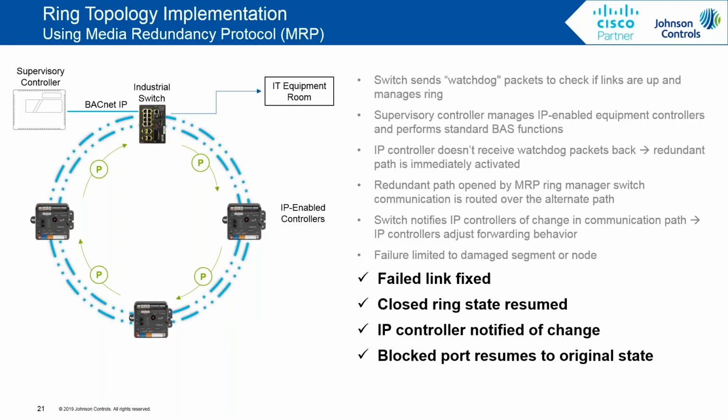The IP controller is notified of the status change. The block port moves back to its original state. The beautiful thing of this MRP solution is centralized control of the beacon, which makes for simple configuration, which we're going to talk a little bit about some of the differences coming up in the next slide.